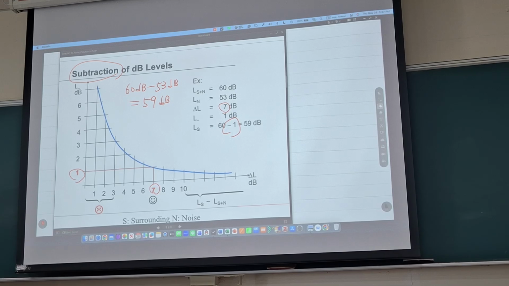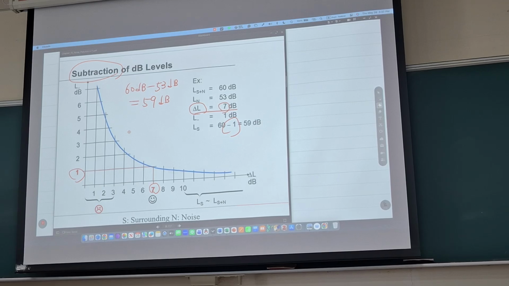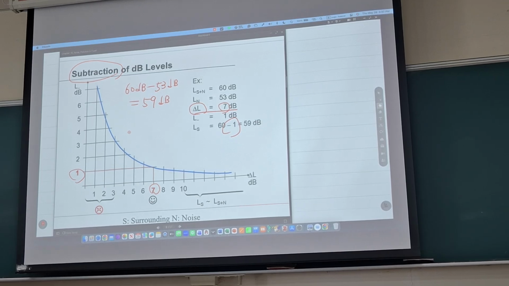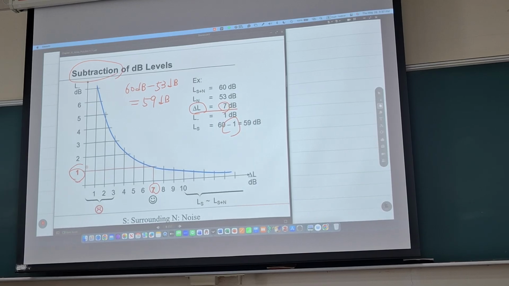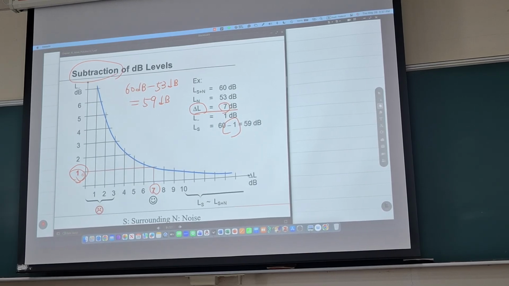Everyone gets that? So it's impossible to be 7 dB. Their delta is 7 dB for sure, but you need to use this formula. Use this graph to find out the 7 dB is with respect to 1, right? So the answer will be 59.